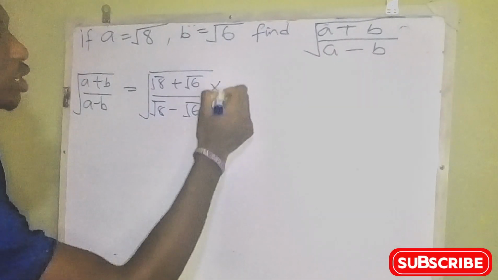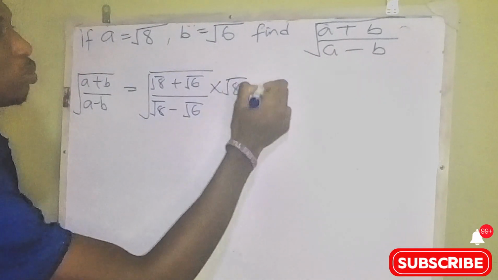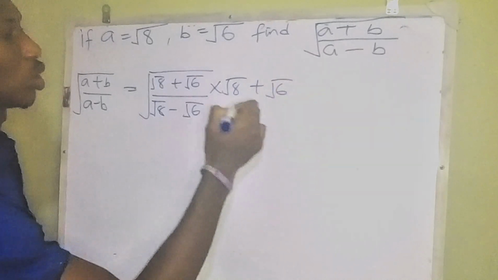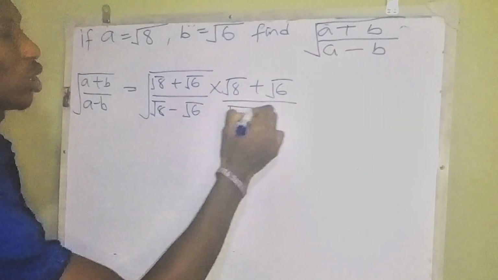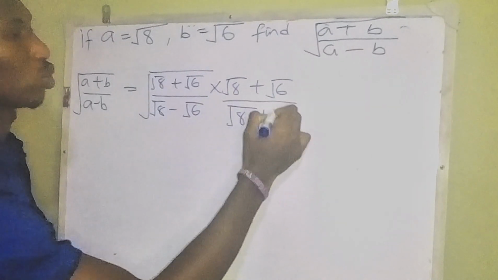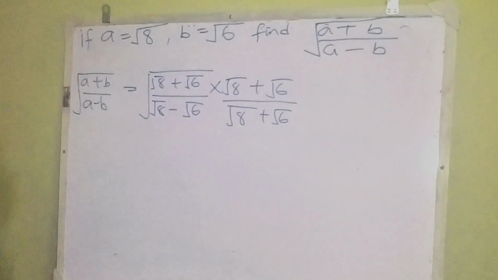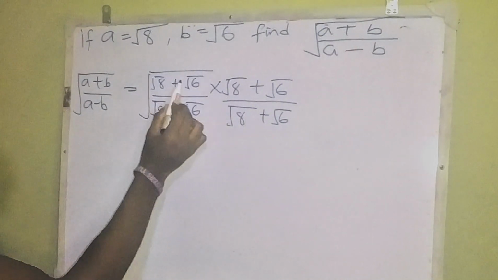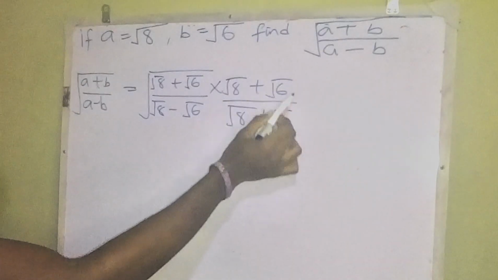So we multiply: square root of 8 plus square root of 6 divided by square root of 8 plus square root of 6. The numerator is square root of 8 plus square root of 6 times square root of 8 plus square root of 6.